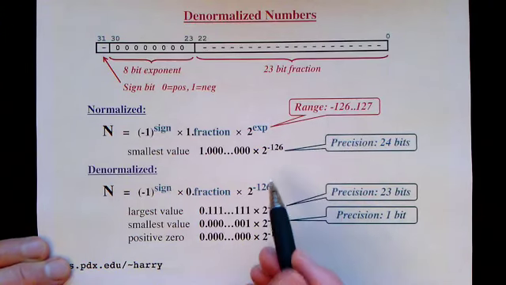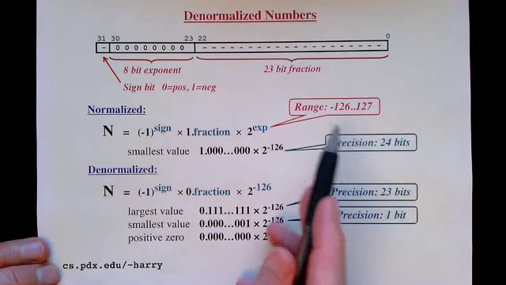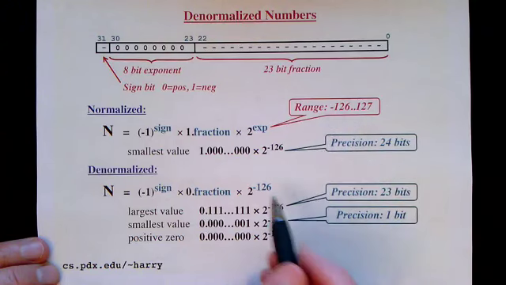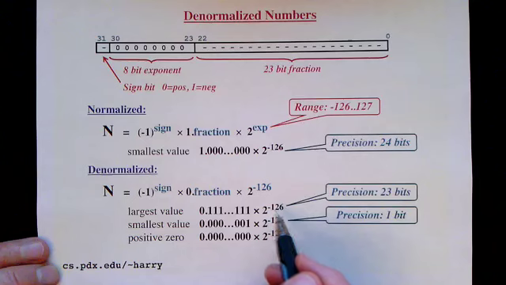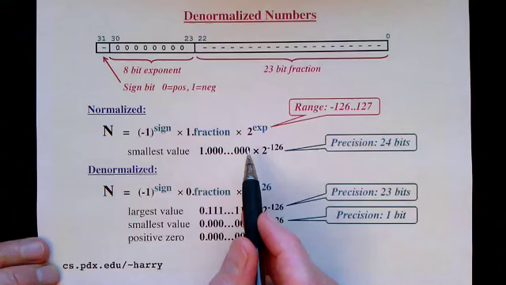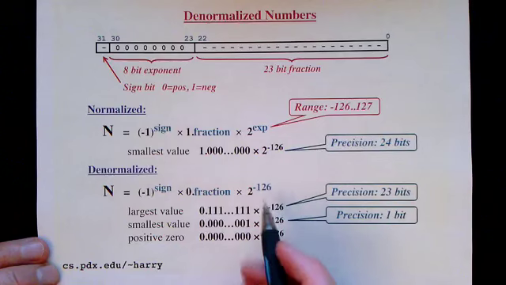The way I think of this is it's sort of sticky. The exponent sticks at the bottom of the range of values. And also notice that this number is just a tiny bit smaller than this number here. This number has 24 bits of precision, so this number has 23 bits of precision.